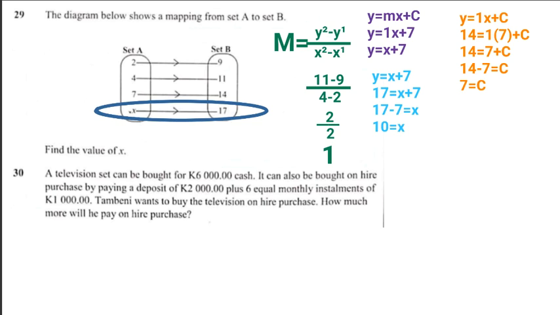Okay, so hire purchase cost, HPC, is equal to deposit plus total installments.